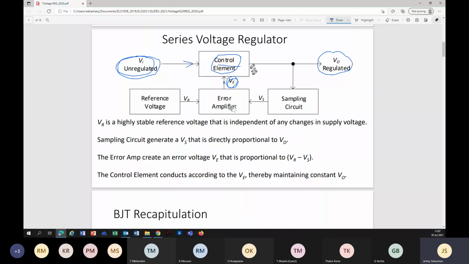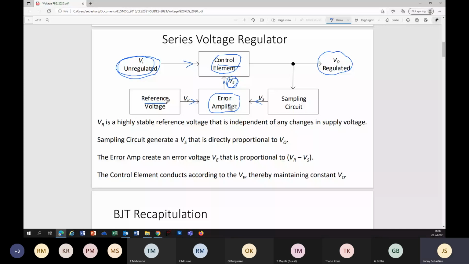Now, we are going to look at this one, the error amplifier. Look at the arrows. There is one arrow coming in and another arrow coming in here. So basically, this error amplifier also has two inputs. One of those inputs is called the reference voltage. A reference voltage is a constant DC that doesn't change at all.